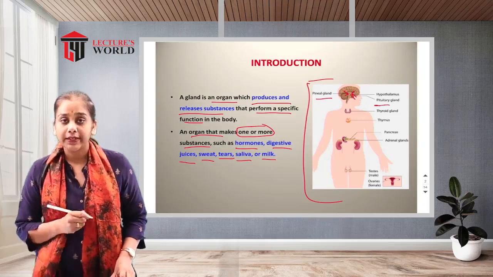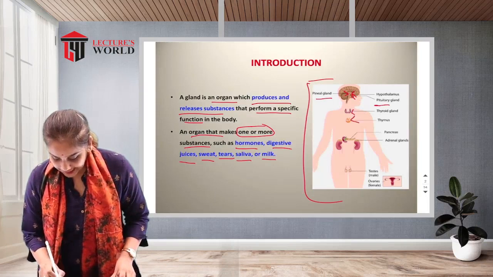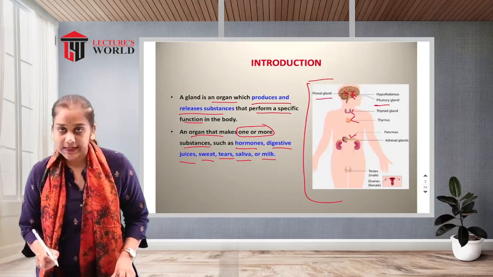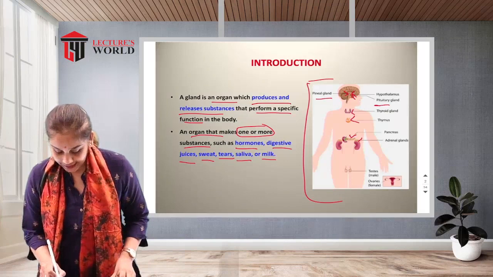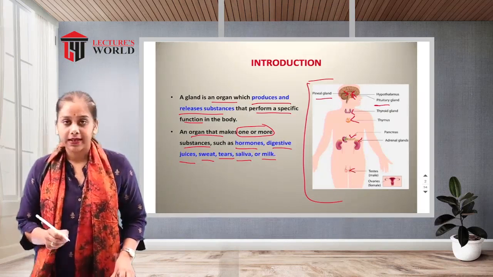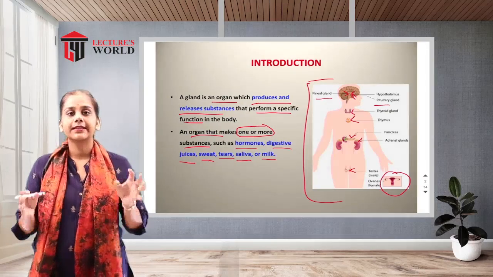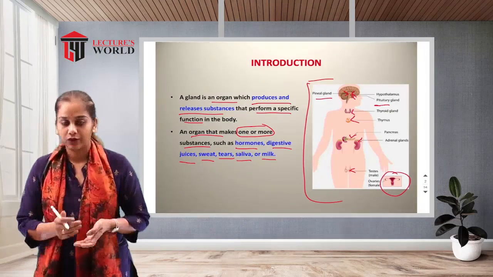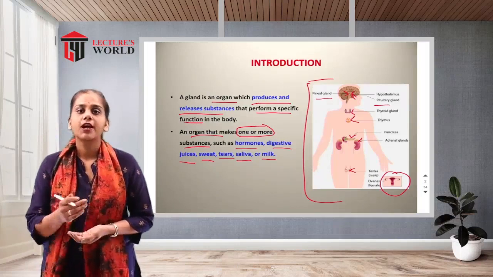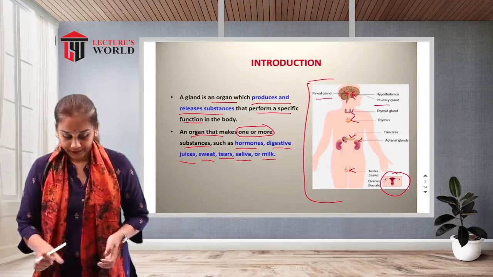Then the thyroid gland and thymus gland. Then the pancreas in the digestive system. Then the adrenal glands over the kidneys. Then testes in the male and ovaries in the female. These are the glands performing specific functions in our body. They regulate the hormones.